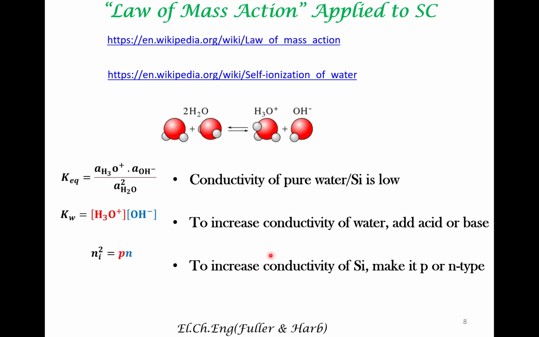So what we are trying to do here is not to confuse you. What I'm trying to emphasize is that when you try to understand a new concept, it can be understood via analogies to things which you have already understood. Hopefully, from your high school, you have understood self-ionization of water and so on.